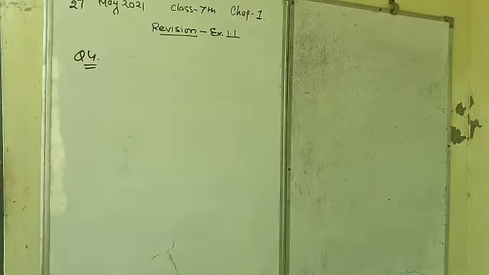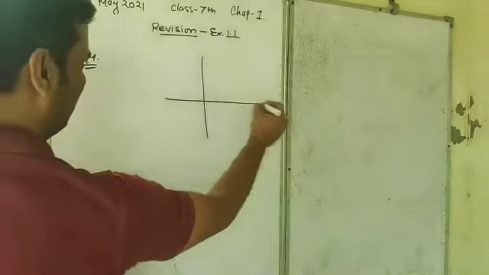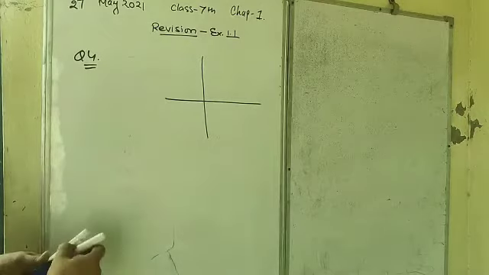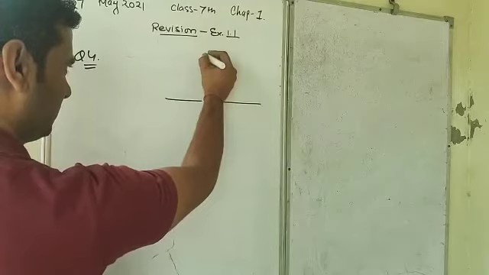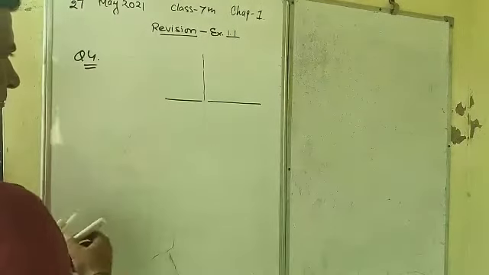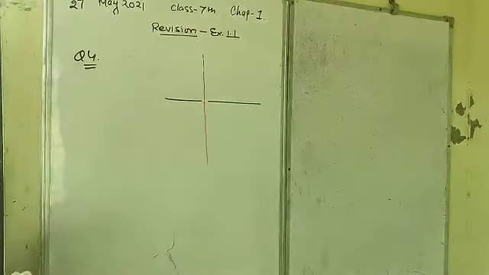In question number 4, a plane is flying at a height of 5,000 above the sea level. Okay, just look at this line. And just below the sea level.